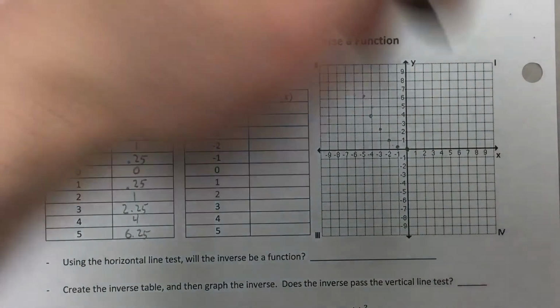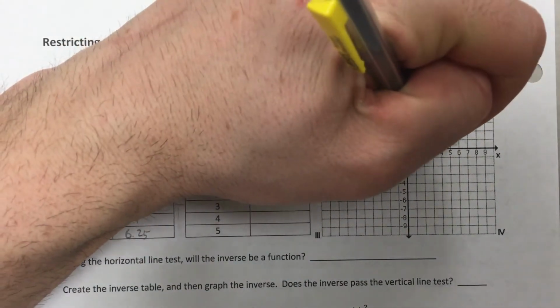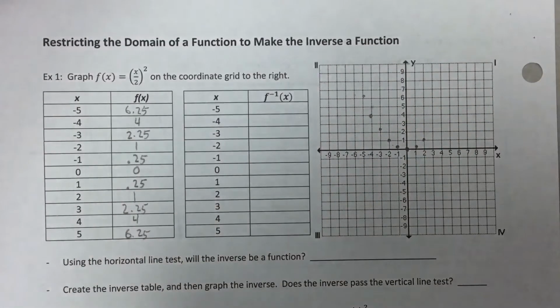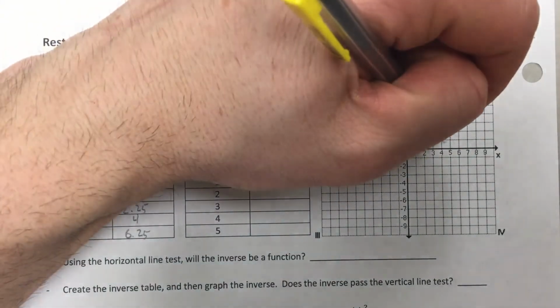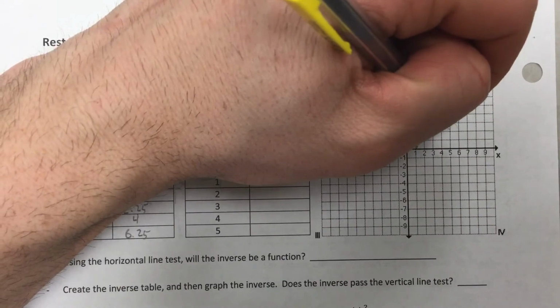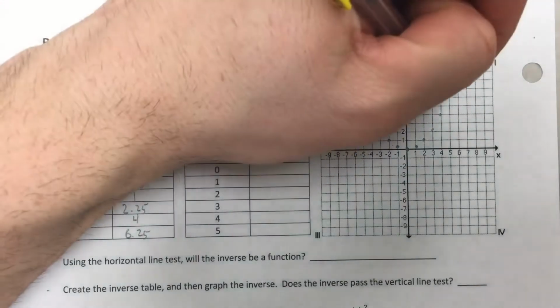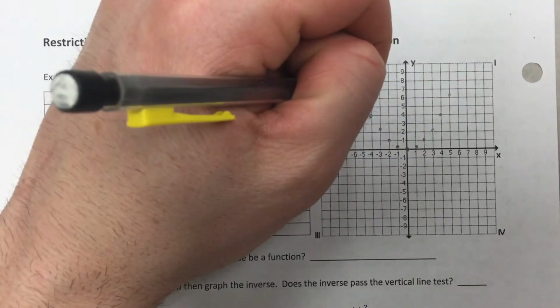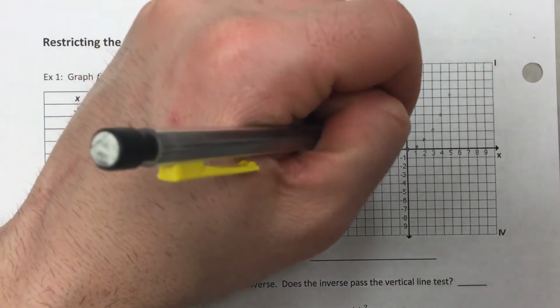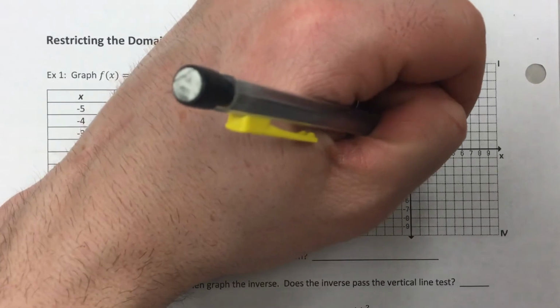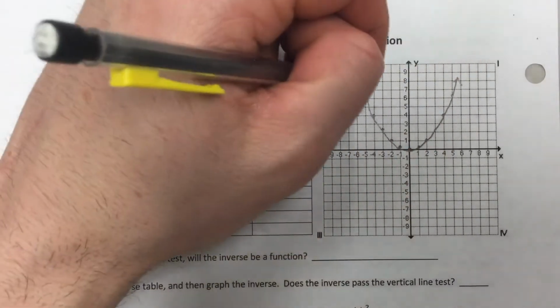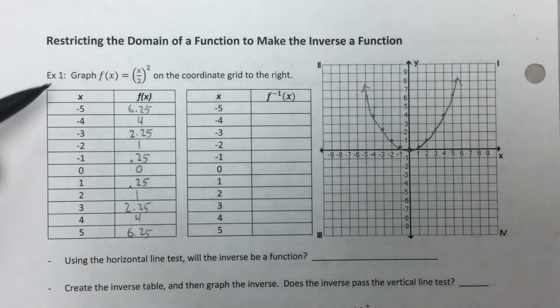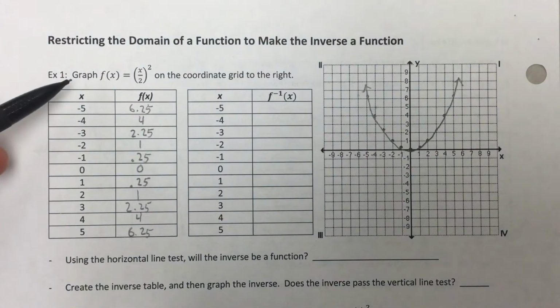And 0, 0. Then I start coming up: 3, 2.25, 4, 4, and 5, 6.25. All right, so we have that f of x graphed.